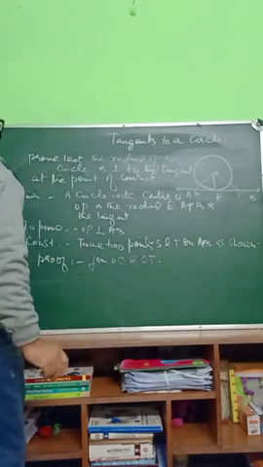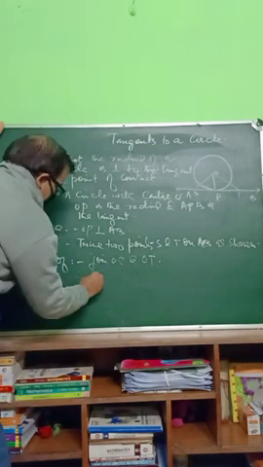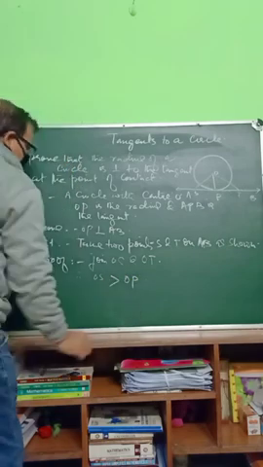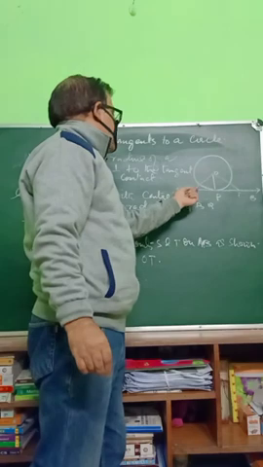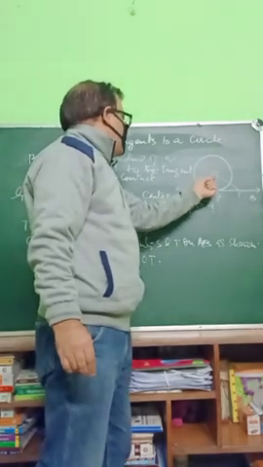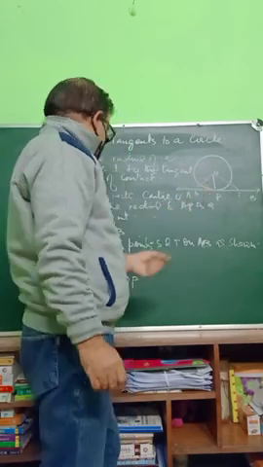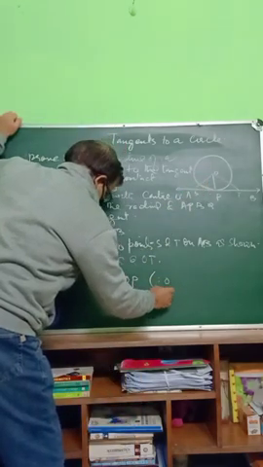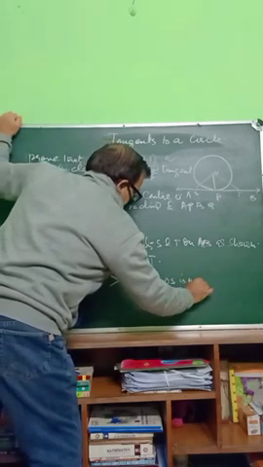Therefore, OS is larger than OP. Why is it larger? Because it goes beyond the radius. From O to P it is the radius, but O to S goes outside, so this is larger than OP, because OS is more than the radius.